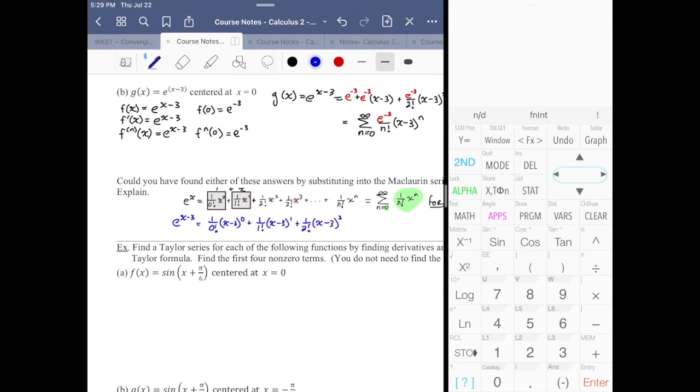But when I'm dealing with, again, that numerator, it is the result of finding the derivative at a particular location. So f of 0 for e to the x is equal to 1.